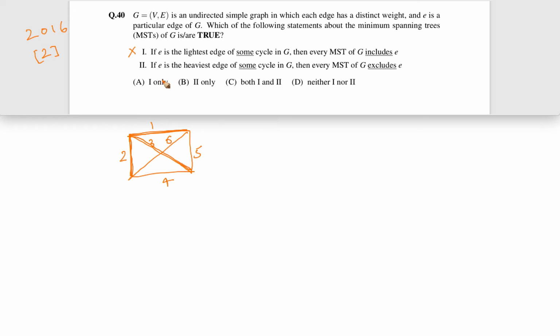Now let's come to the second statement. If e is the heaviest edge of some cycle of G, then every MST of G excludes e. Now this statement is correct, so we cannot have a counter example. So the only way is to prove that it is correct. But here I would like to tell you one thing, that this is actually a difficult question.